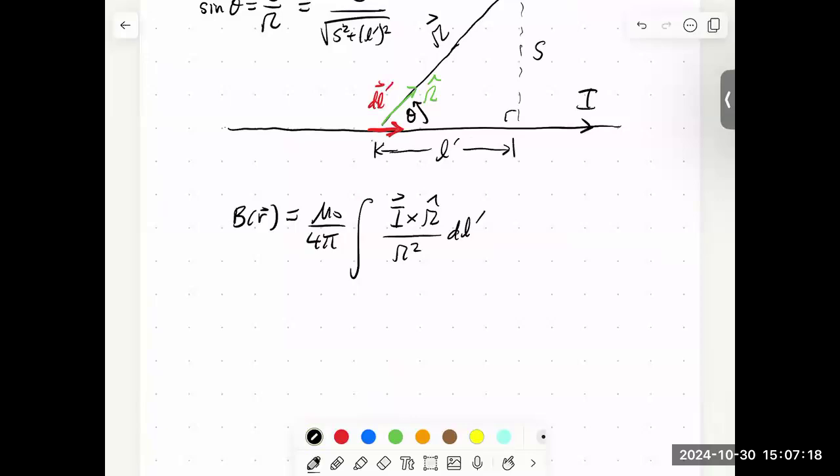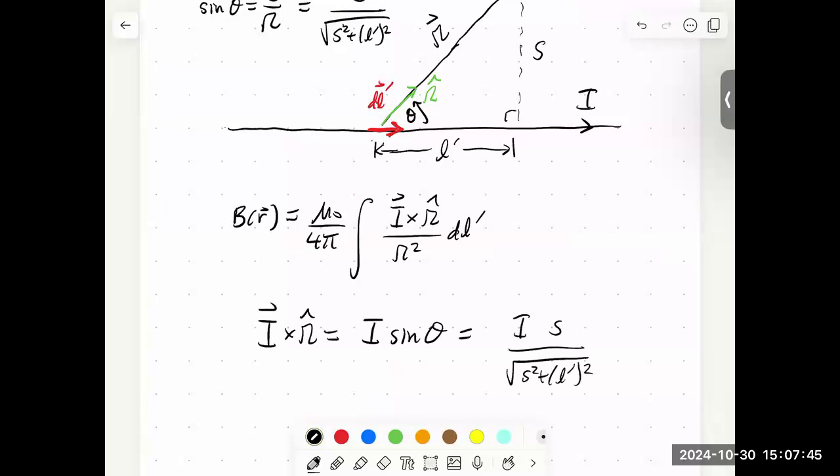Let's see. I cross R hat is the magnitude of I, which is just I, times the magnitude of a unit vector. What's the magnitude of a unit vector? 1. And so then we have sine theta. But we already just said that sine theta was S over the square root of S squared plus L prime squared.